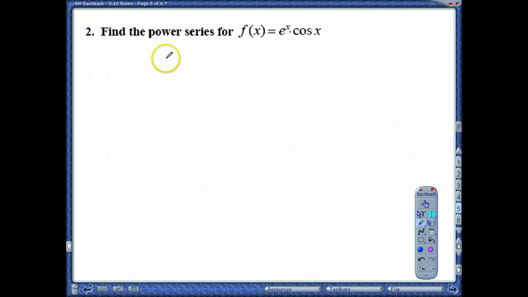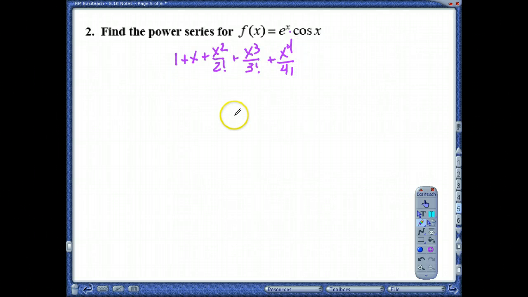Okay, so I'm going to write the terms for the first couple terms in our e to the x. So 1 plus x plus x squared over 2 factorial plus x to the third over 3 factorial plus x to the fourth over 4 factorial.